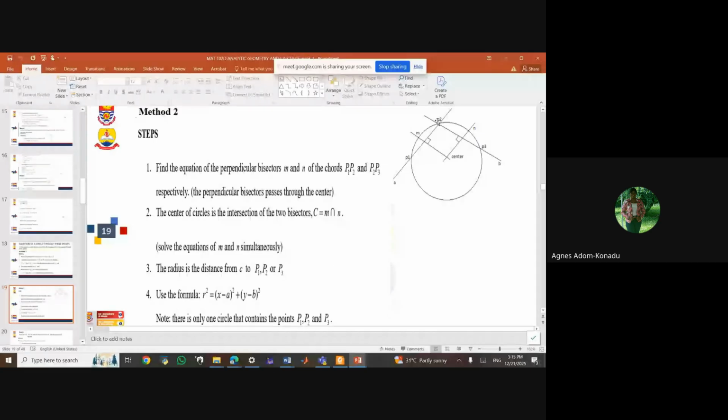So as I was saying, I have the chord P1, P2 and then the chord P2, P3. So we want to find the bisector of P1 and P2, and then we find the equation of the bisector of P2 and P3.